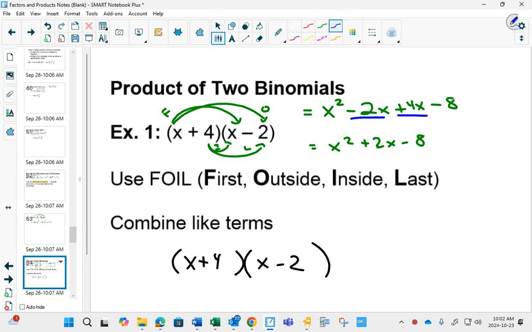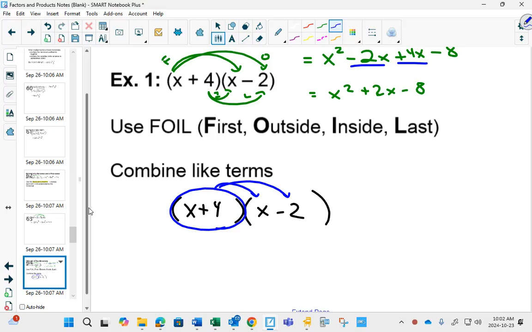Let's say we think of this as a monomial. It's not, but let's pretend it's just one thing. If it was just one thing, you see that you would just distribute that one thing once. And if I distributed that one thing once, well, here I would get the x plus 4, and it would get multiplied by the x.